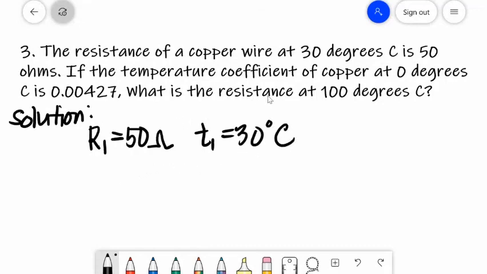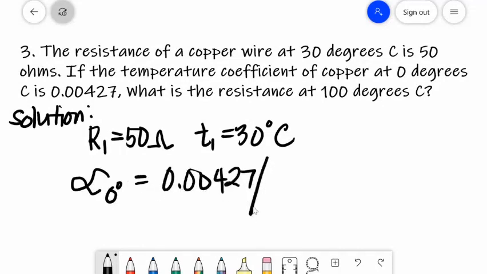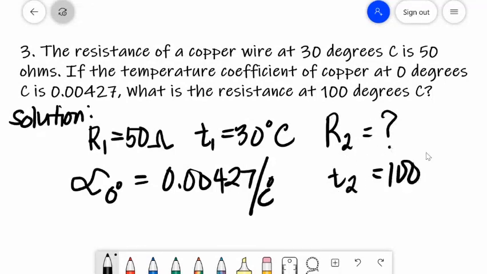The temperature coefficient of copper, alpha, at 0 degrees is equal to 0.00427 per degree Celsius. The unknown is R2, and we have a final temperature of 100 degrees Celsius. What will be the value of R2?